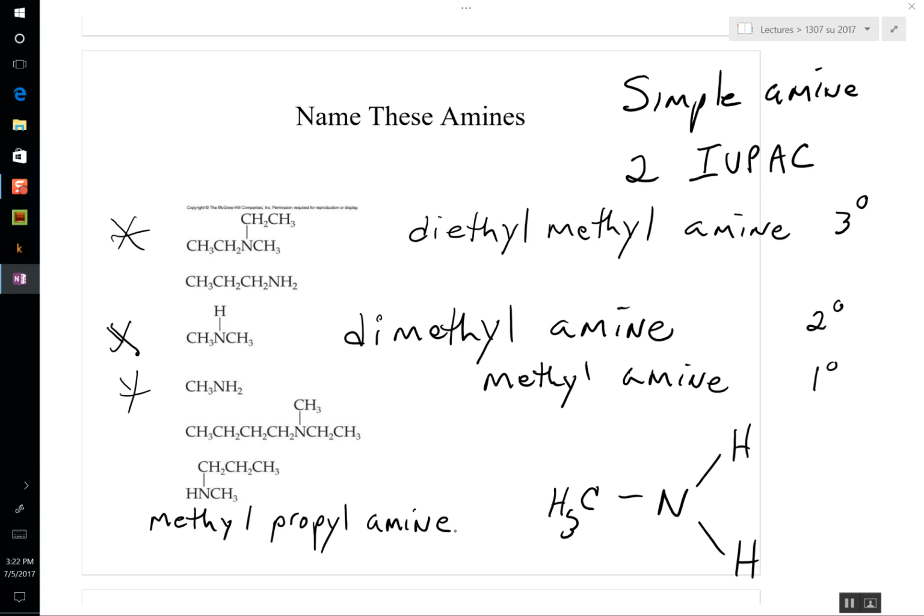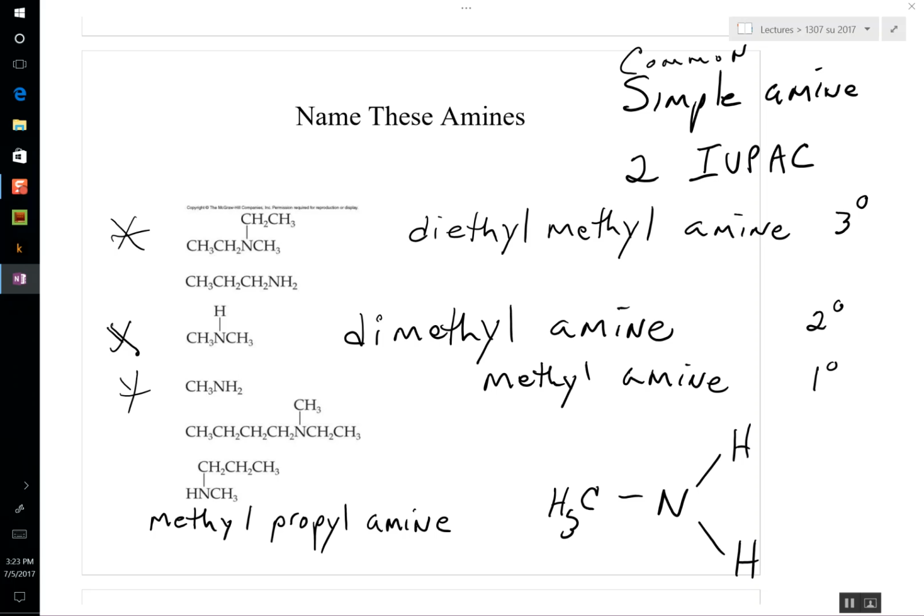Is that only for the IUPAC name? Yeah, that would be an IUPAC name. That wouldn't be a simple name. Simple or common, we only look at the groups.